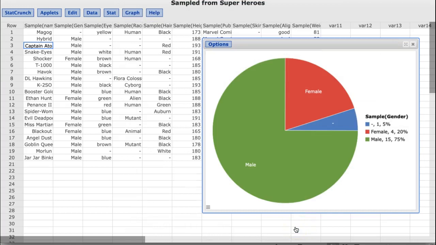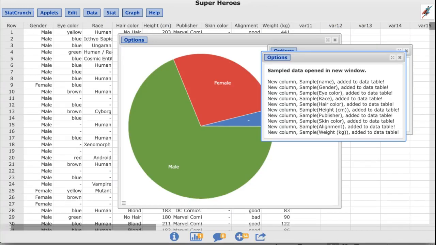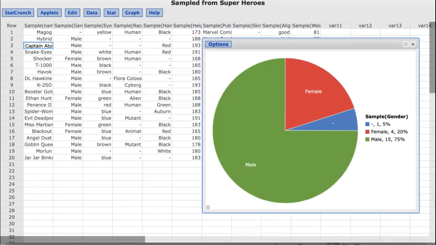Look at that. It's like 75% male, 20% female, and roughly 5% of the other category. So this was my first sample, my second sample, and then of course the population. Each of my samples represents the population right away, and all we had to do was randomly select. It's a pretty neat result.